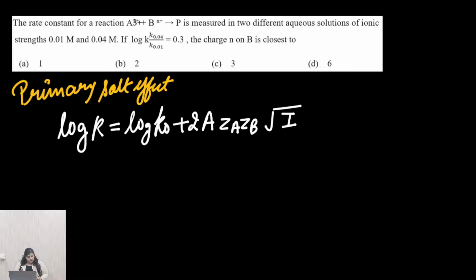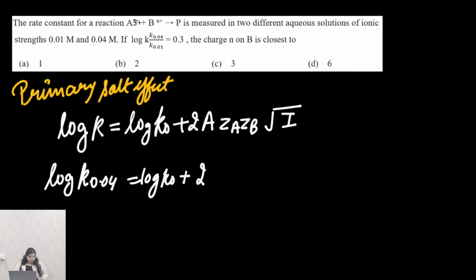Okay, so now for the rate constant when the ionic strength is 0.04, this is equal to log of K naught plus 2A times the ZA charge, which is plus 3, into B, which is the plus n value, into the root of the ionic strength, that is 0.04. Right?